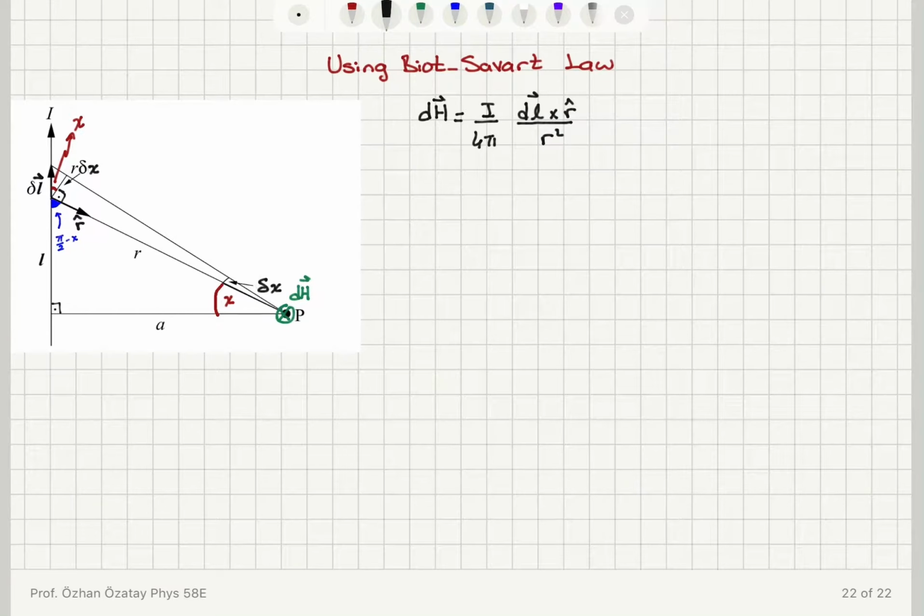So this dl is a length element. It's a vector. Its direction is defined in the direction of the current. R hat is the unit vector from the current element to the point of interest. R is the distance between the current element and the point of interest.